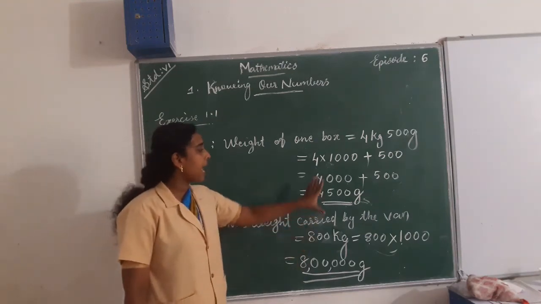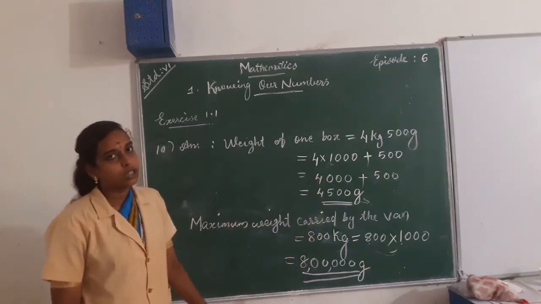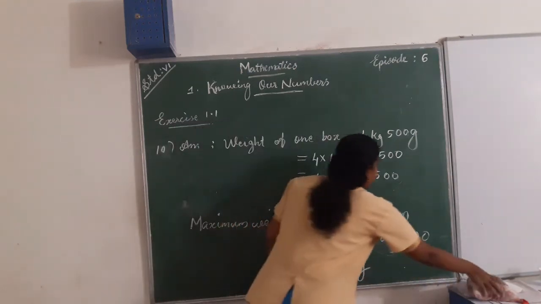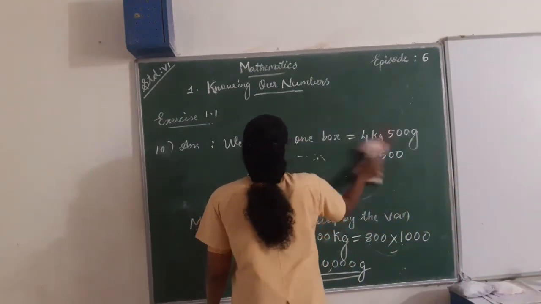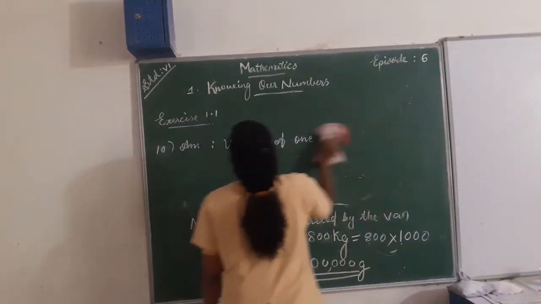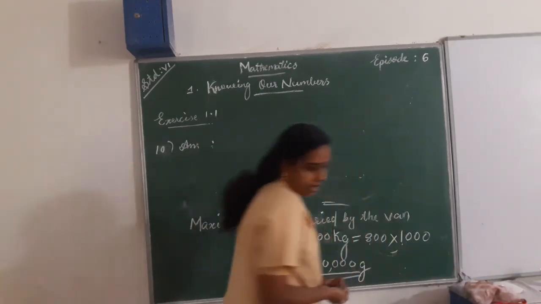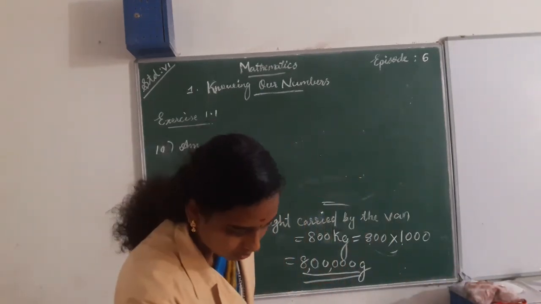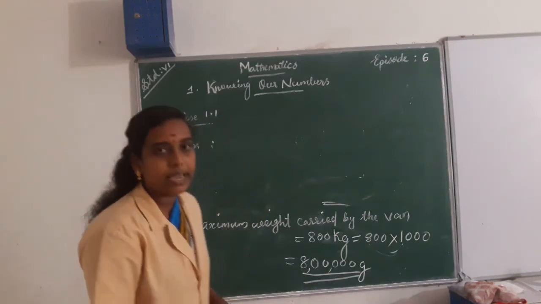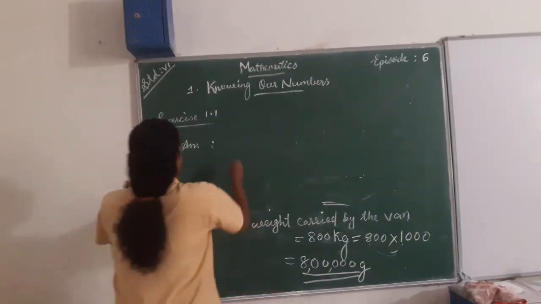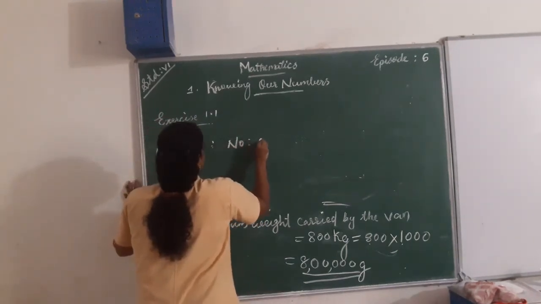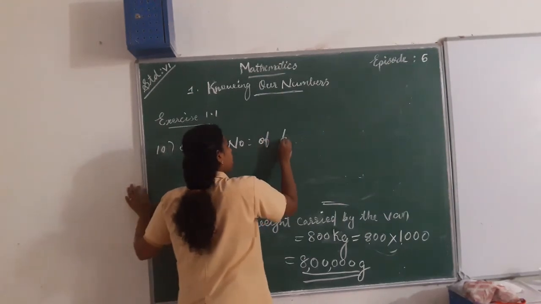That is 8 lakh divided by 4,500 gram. And for our final step, our answer, we write the number of boxes that can be loaded in the van.